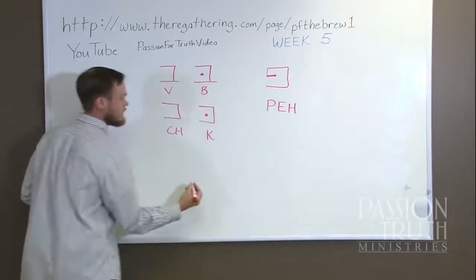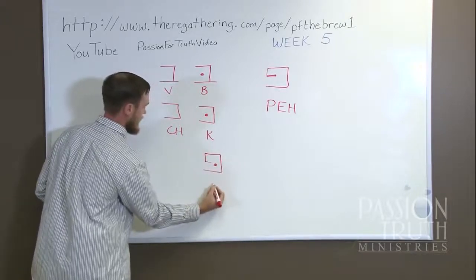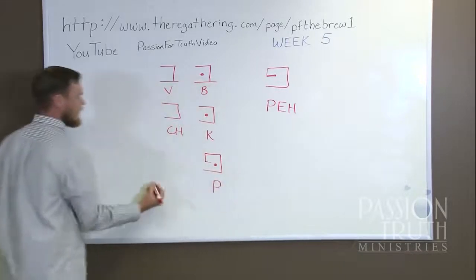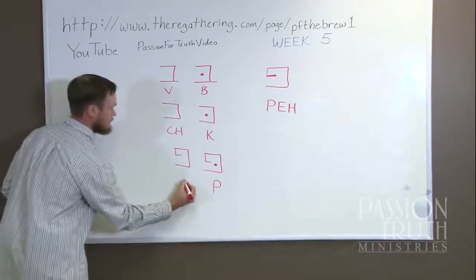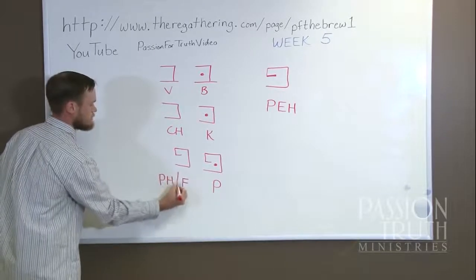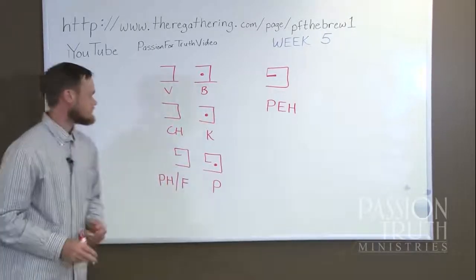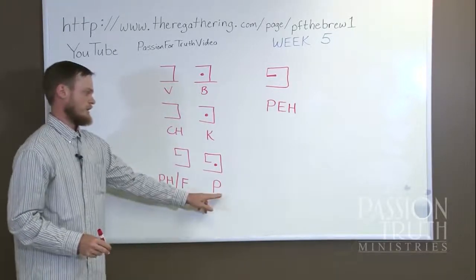Right? The pei with a dagesh is a P, and without a dagesh is pronounced like an F, or PH. Okay, so the pei makes two different sounds, P and F.